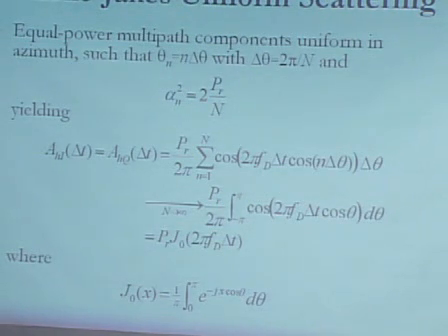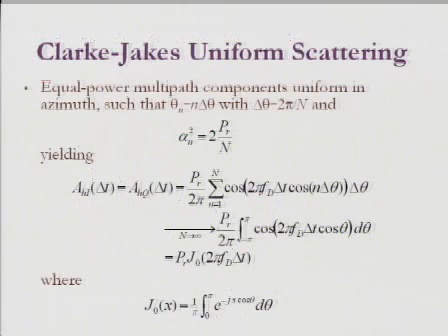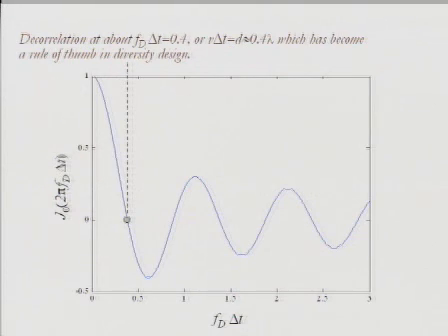So what we can do is plot this function. In fact, we can plot this autocorrelation. See what we found: the autocorrelation of the in-phase and the quadrature components under this uniform scattering environment becomes the received power times this Bessel function. So we can plot this Bessel function.